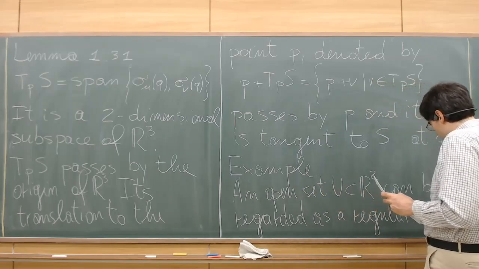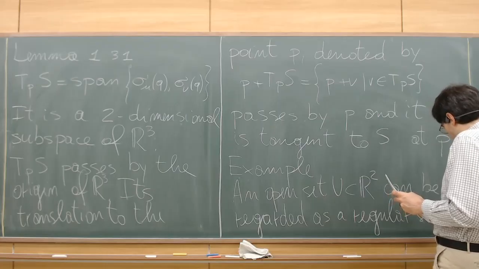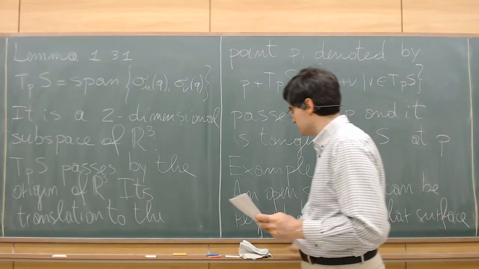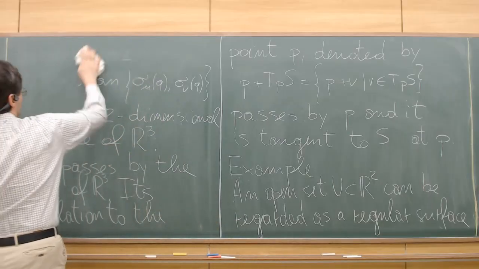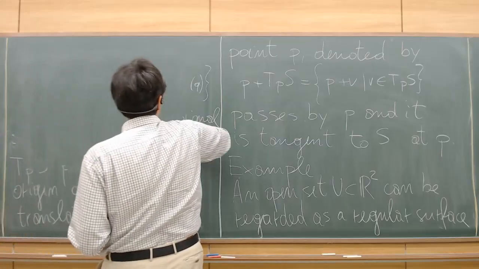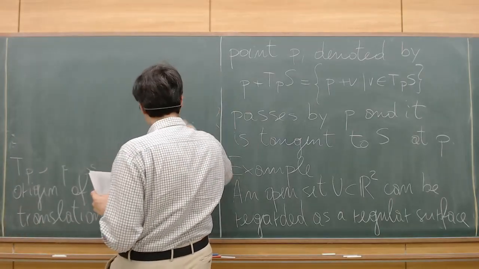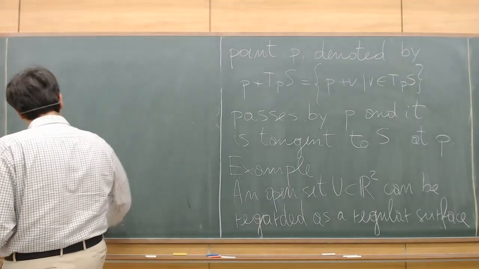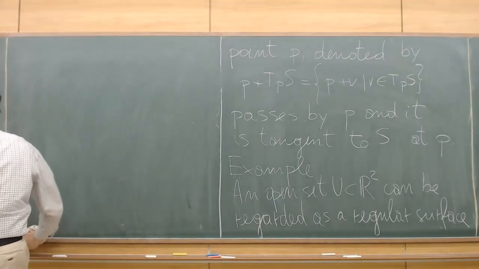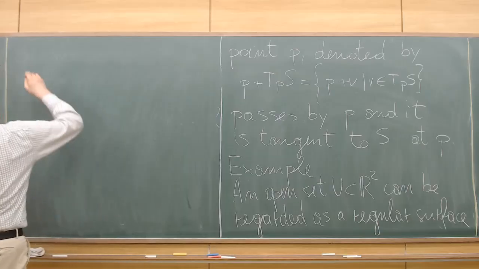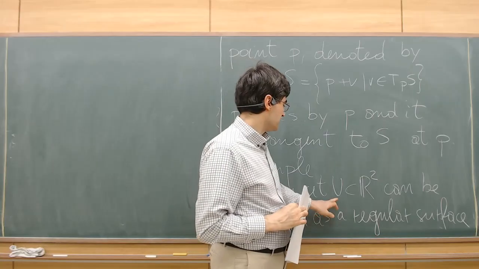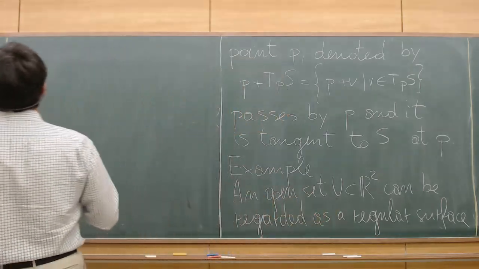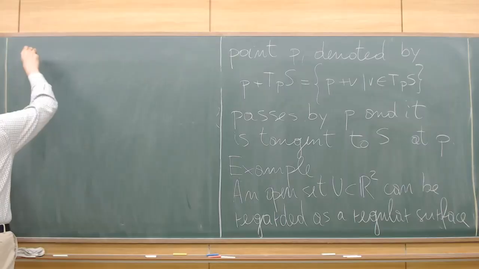Why is this true? Because we can cover U by the image of a single surface patch given by the identity.